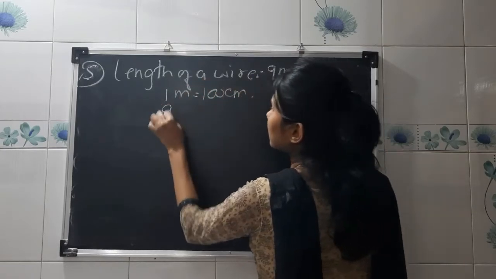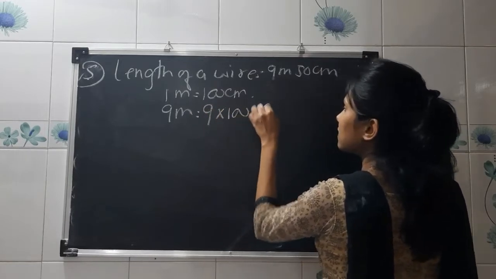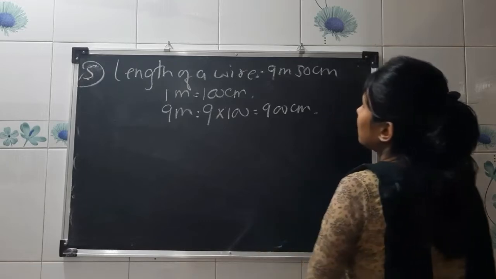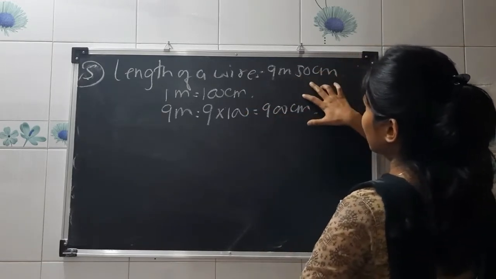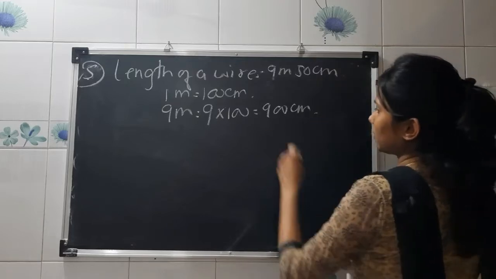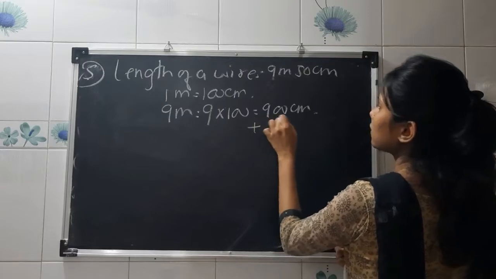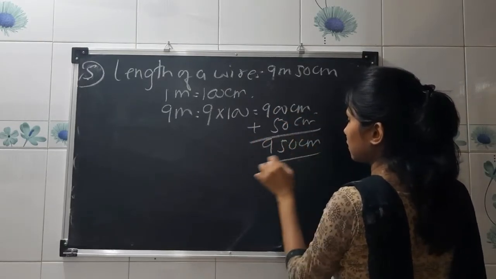So therefore 9 meter is equal to 9 into 100, that is 900 centimeters. Now we have to convert this measurement into centimeters. So 900 centimeter plus 50 centimeter is 950 centimeter.